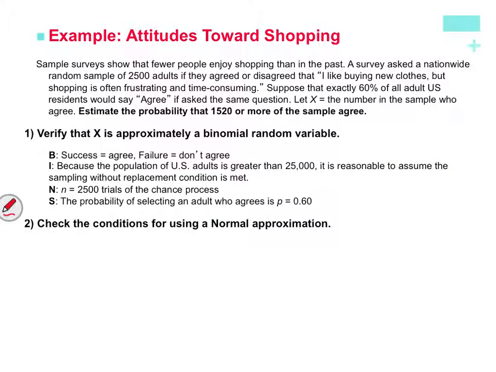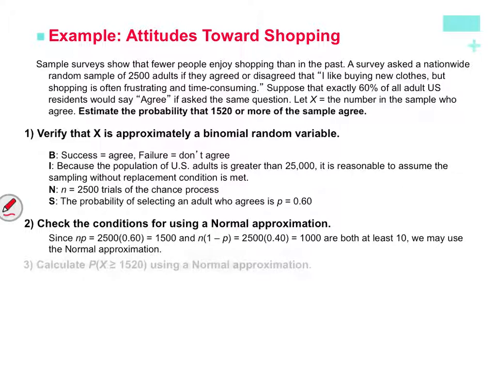It isn't actually independent, but because the population of U.S. adults is greater than 25,000, your sample is definitely less than or equal to 10% of your population. It's assumed that the sampling without replacement condition is met, so you can consider this independent.